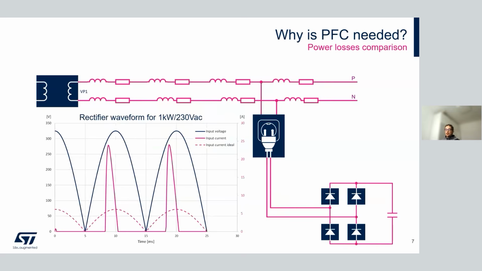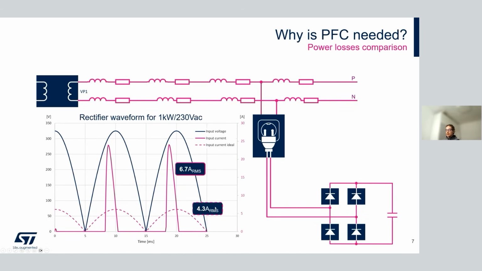The second one is that in case you have some application taking over 1 kilowatt and you don't have the PFC, you have quite high RMS value of the input current. So in this example, it's for same power. You can see without the PFC, the RMS value is almost 7 amps, while with the PFC, the RMS value is much lower.